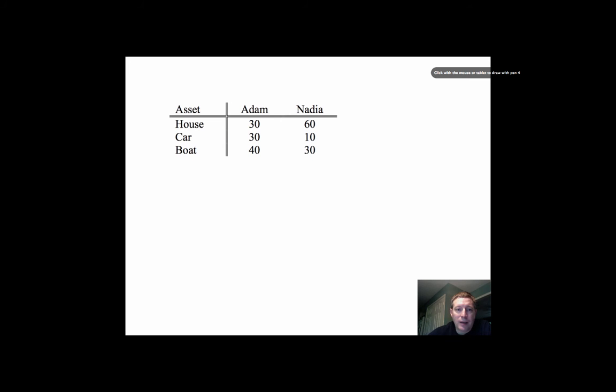So now we go back and try to remember, okay, Nadia got the entire house free and clear. Adam got the entire car free and clear, but he's only going to get 6/7, remember, of the boat, and she's going to get 1/7 of the boat. So let's see if this really works out.